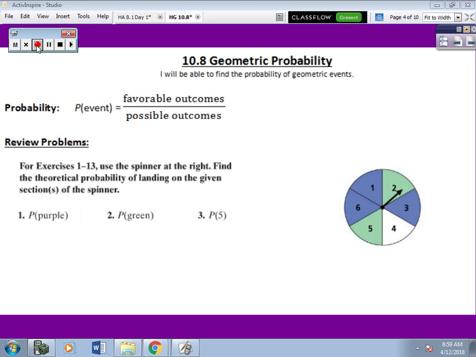So, probability you learned in Algebra 1. Those of you that took Algebra 2, you've also learned it in Algebra 2. Probability of something occurring is the number of favorable outcomes over the number of possible outcomes. So, most notorious is if you're rolling a die, what's the probability that you get a 2?